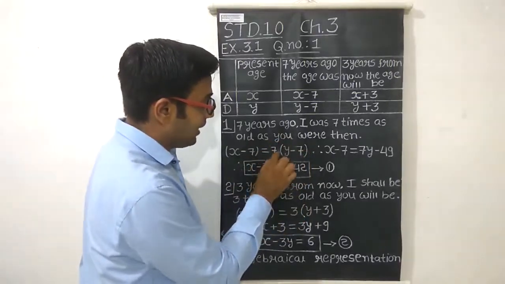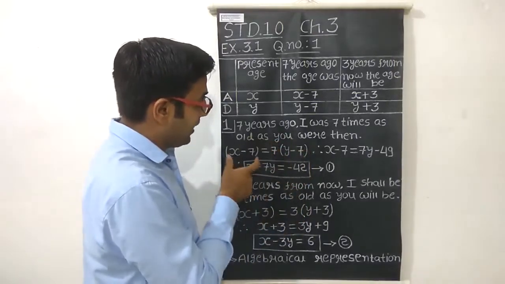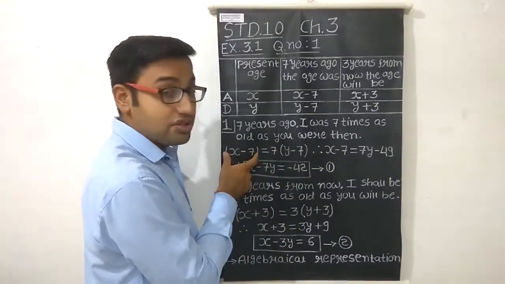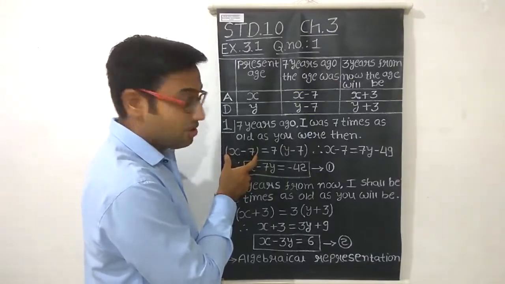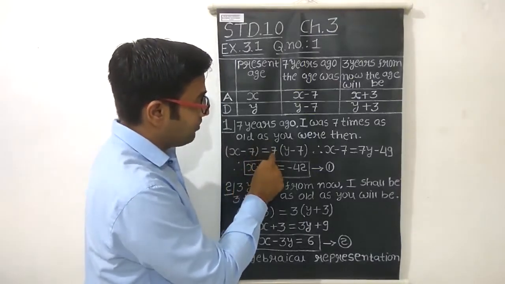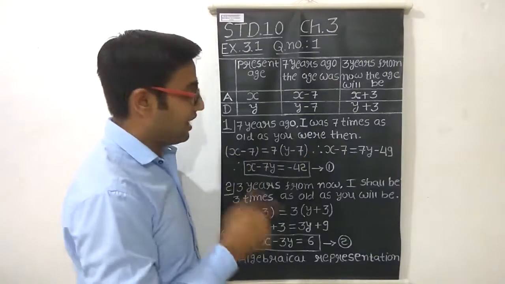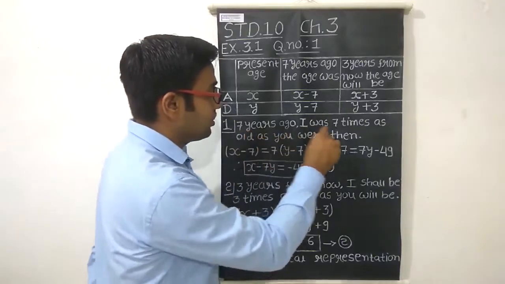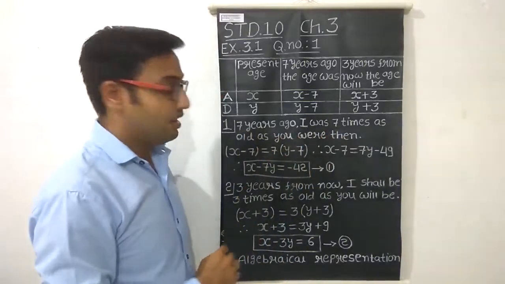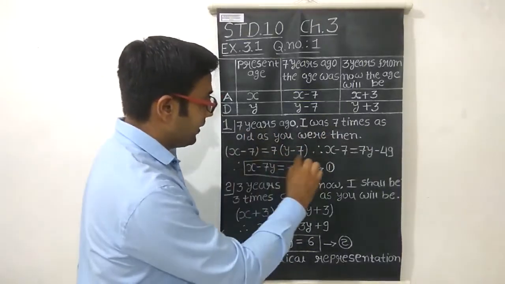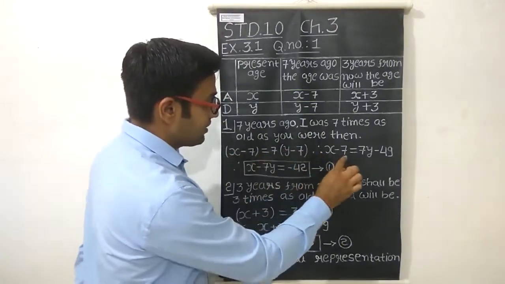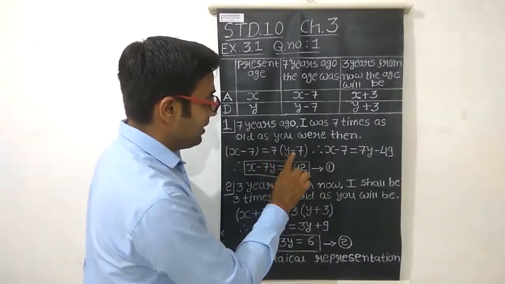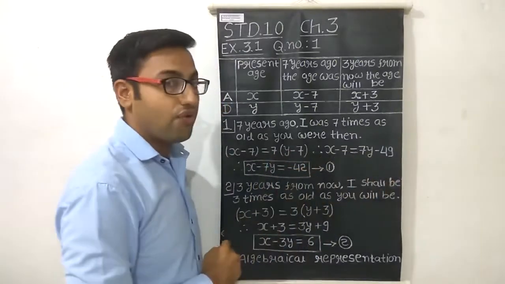So by multiplying it with 7, now we can compare Aftab's age 7 years ago and 7 times the daughter's age, as Aftab tells his daughter. So this is the equation. Now we simplify this. See what we will get. x minus 7 equals 7y minus 7 sevens are 49.